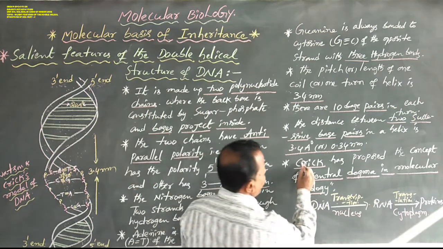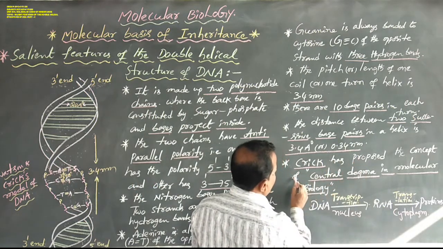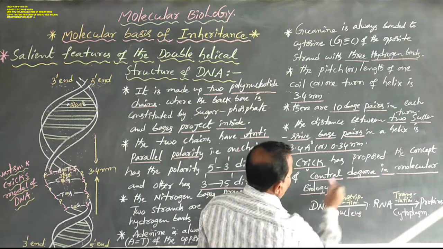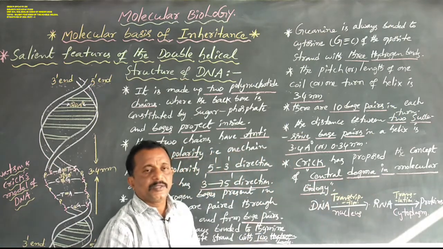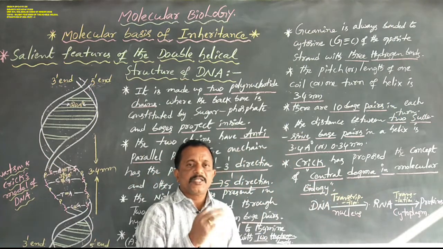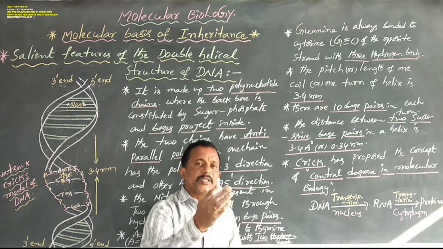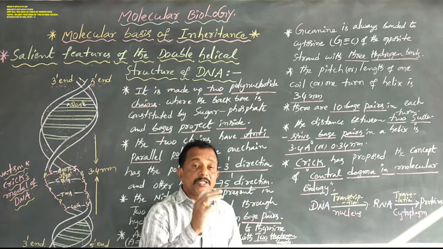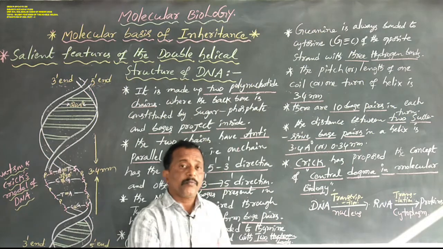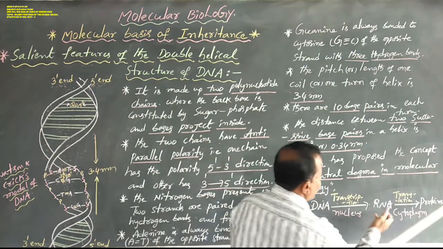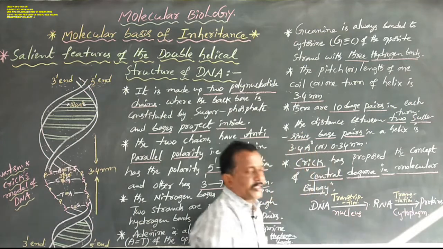Once again, Crick proposed the concept of central dogma in molecular biology, by which genetic information flows from one generation to another, or from DNA to RNA and finally to proteins.